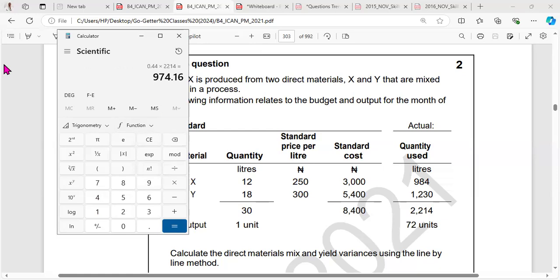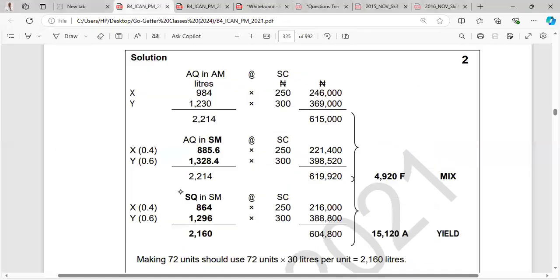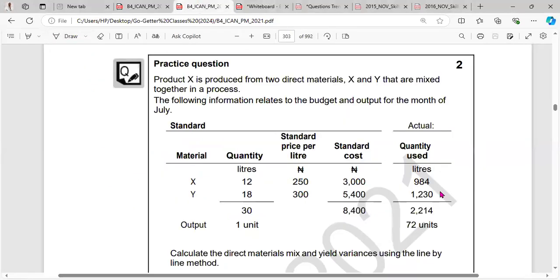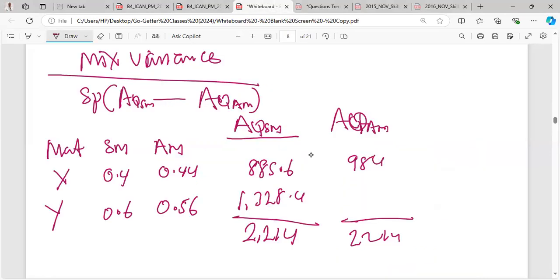So don't multiply by the actual mix; just put what you have in the question, 984 and 1230.